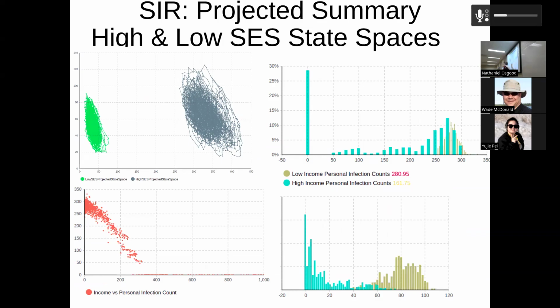In this case, a relationship between income, which has to do with the crowding level, and the number of infections people had in that model. That shows more infections among people of lower income due to crowding. And there might be some separation for those of high socioeconomic status, so with high incomes or lower incomes there on the left, there can be some divides.